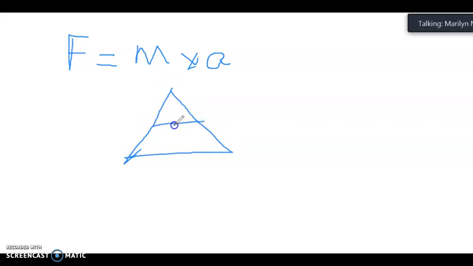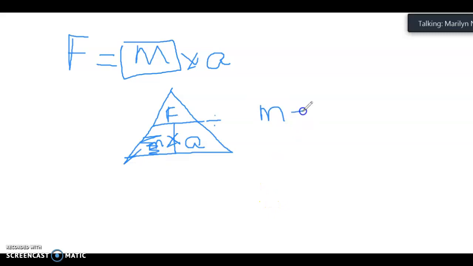Remember that this line means multiplication, this is division. At the top write F, then M and A. If you're looking for M on the triangle, you need to cover M.